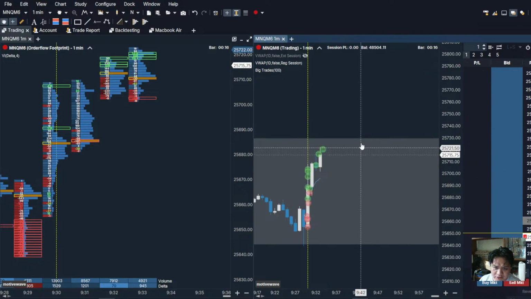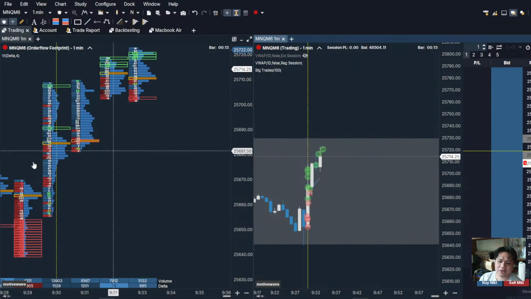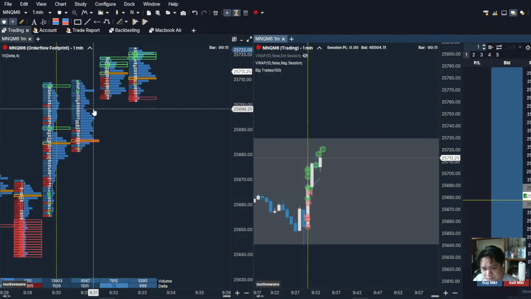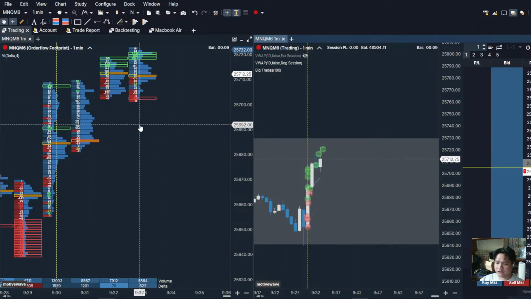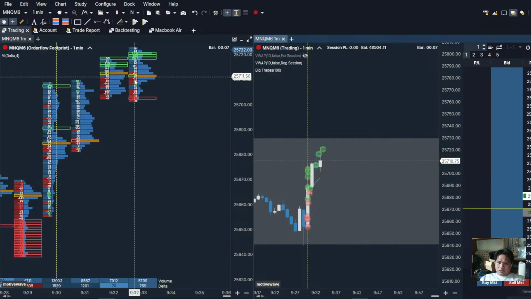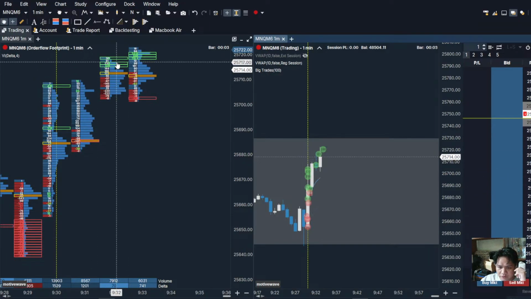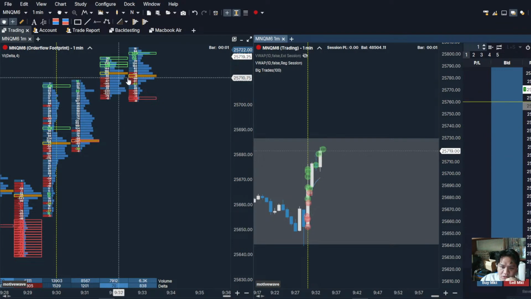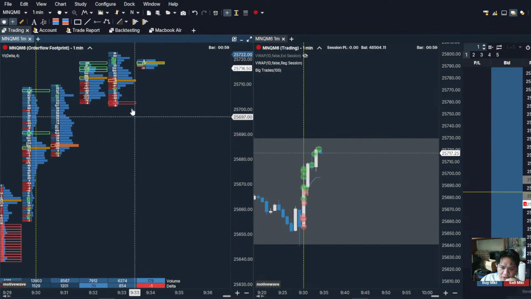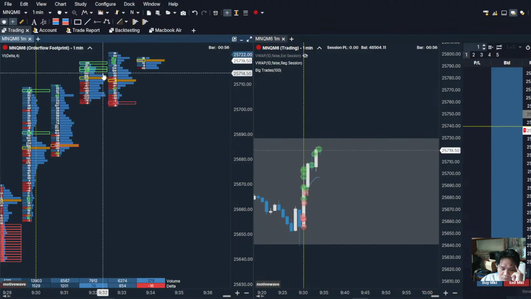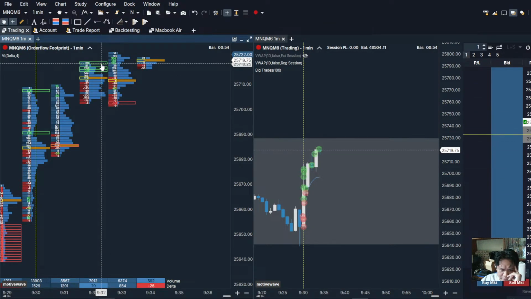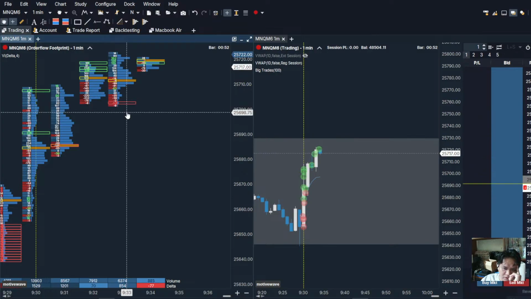Right now, buyers are stepping in. Not a lot of absorptions happening. You can tell from the footprint. Not a lot of absorptions. The greens are buy absorptions, and then the red ones are sell absorptions.